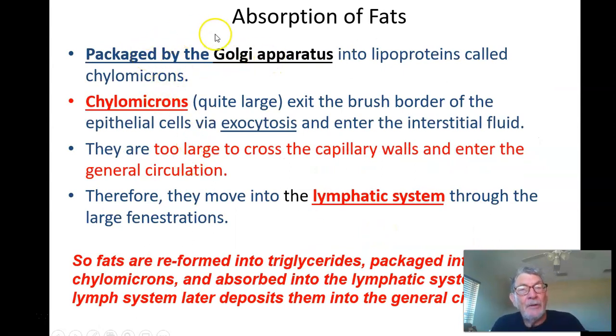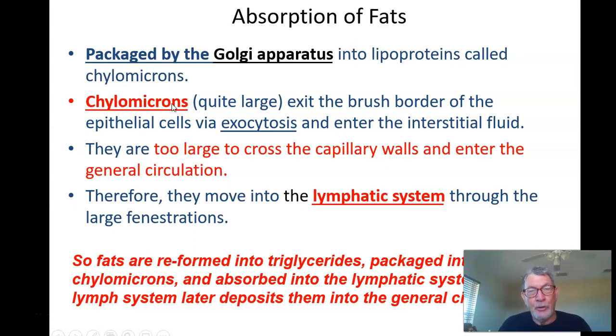In the smooth endoplasmic reticulum, you turn it back into triglycerides, and then the Golgi apparatus, which is your packaging system, packages it into large lipoproteins called chylomicrons. Great. So now you have yet another blob to learn.